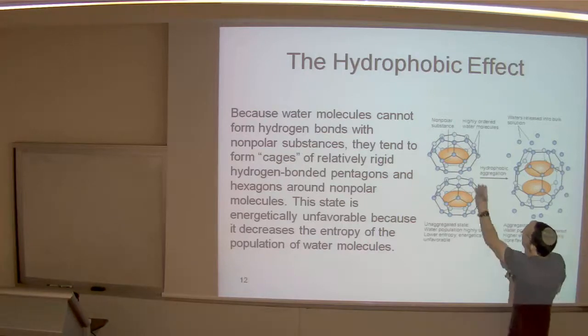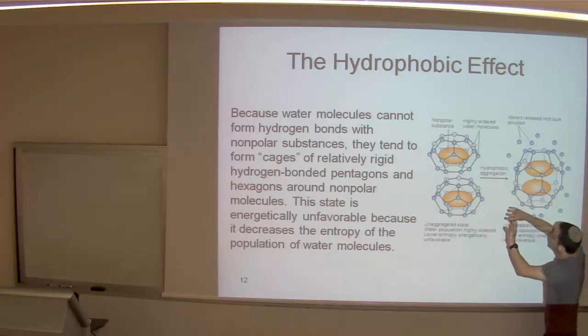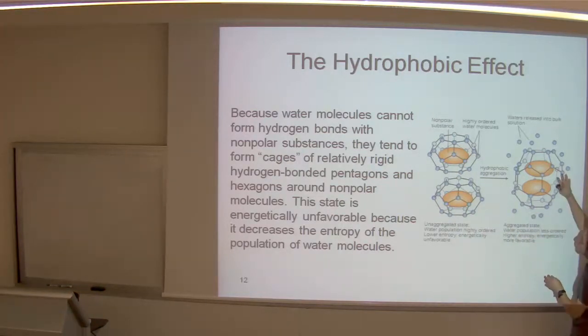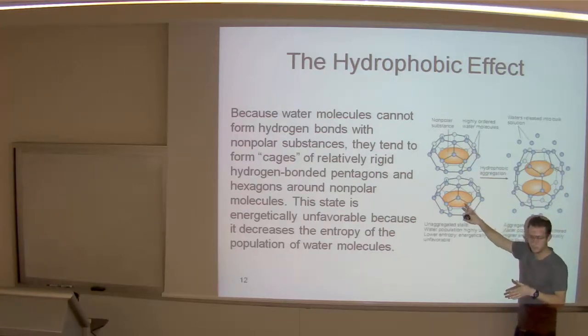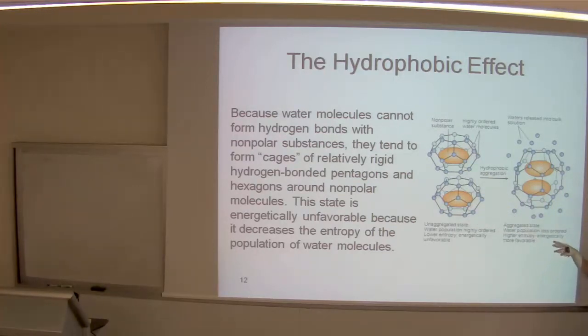So if you take two such substances and join the surfaces of their cages together to form one bigger cage, the surface area is obviously less than the sum of the two surfaces. So you have less ordered surface and hence more entropy. This is a favorable state, and it will stay this way.